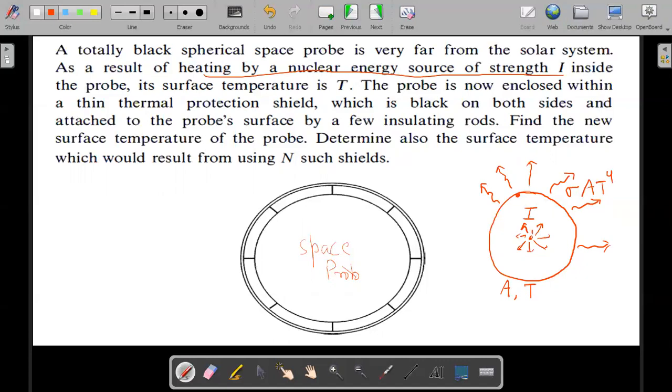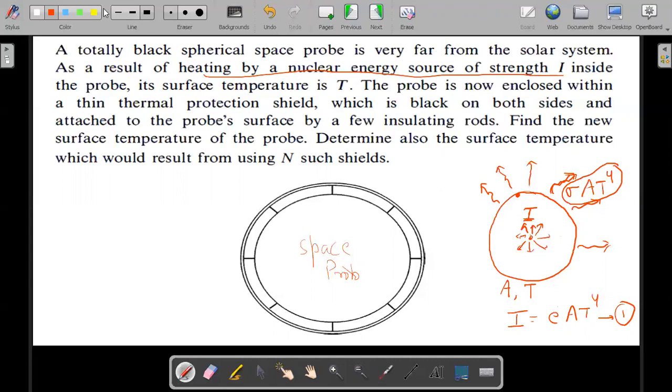Since the energy is being produced inside this object at a rate capital I, the same energy will be radiated into the outer space at a rate specified by Stefan's law. Therefore, you can write that capital I equals sigma A T raised to the power 4. That's my first equation. And this is the situation when the object is not enclosed by any other objects.